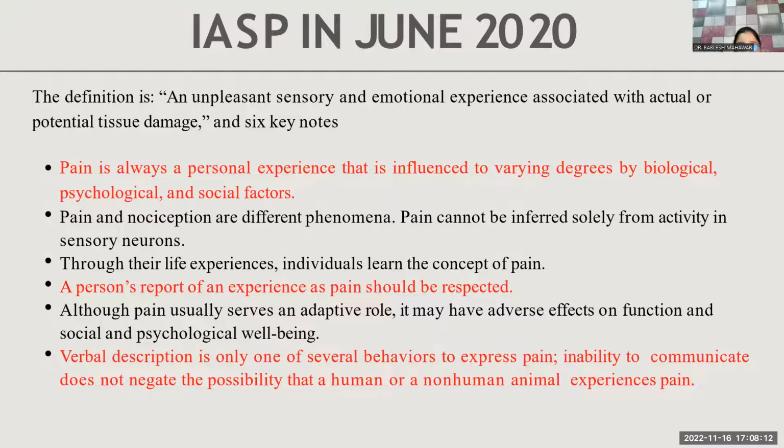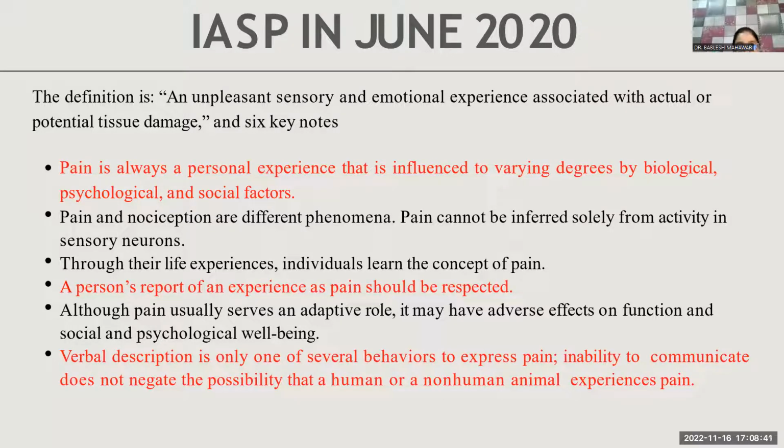This is a very busy slide with a lot of keynotes, and the International Association for the Study of Pain in June 2020 defined pain as an unpleasant sensory and emotional experience associated with actual or potential tissue damage, with 6 keynotes. Actual tissue damage, everyone understands, and proportional to that the patient complains of pain.